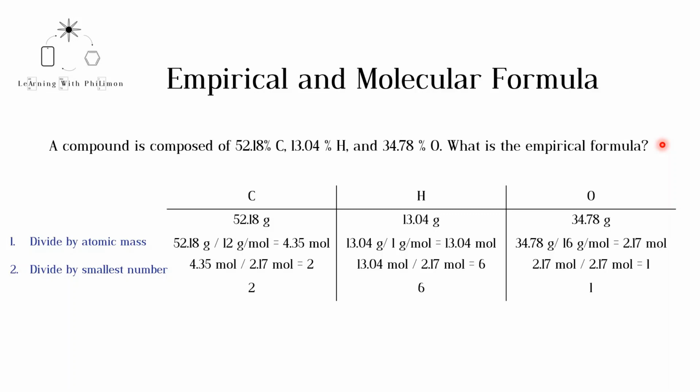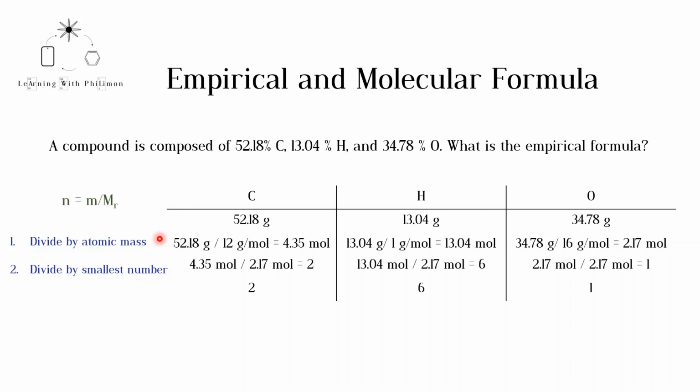To answer this type of question, you can set up a table with the elements as the heading of each column. If we assume that we have 100 grams of the sample, we can convert the percentages into grams. We choose 100 grams so that the percentage values are the same as the gram values. The first step is to divide each mass by the respective atomic mass of each element.